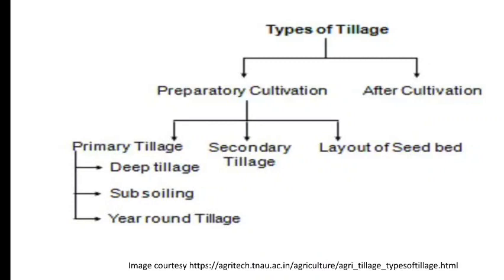Also there are some types of tillage like minimum tillage, strip tillage, rotary tillage, mulch tillage and combined tillage. In minimum tillage, soil manipulation is made to the minimum, meaning less soil should be disturbed. In strip tillage, isolated bands of soil and land are tilled to prepare the seed bed.